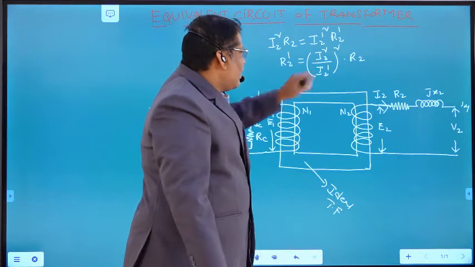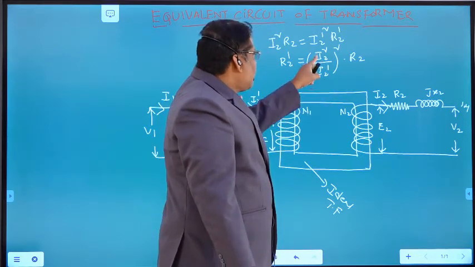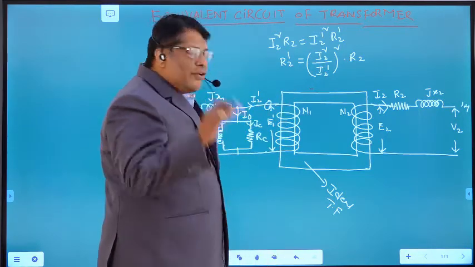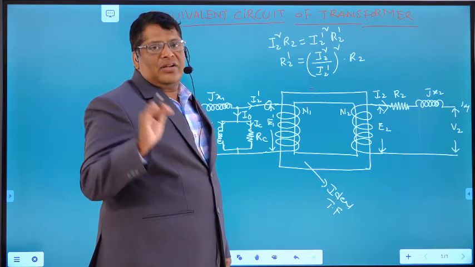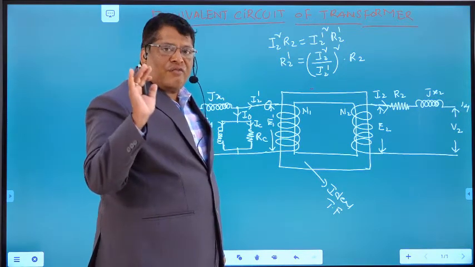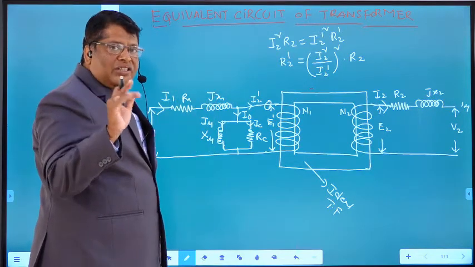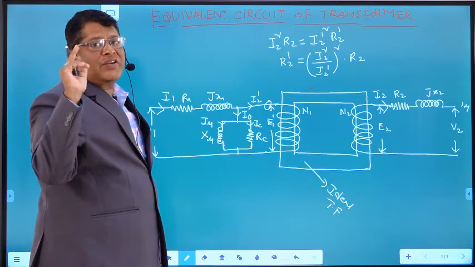Now if you observe here, I2 square by I2 dash square. What does this mean? Already we know the transformer ratio of a transformer, which we calculated from the EMF equation of a transformer.